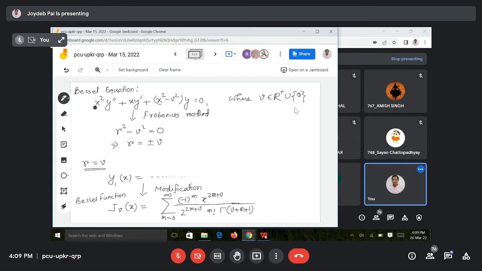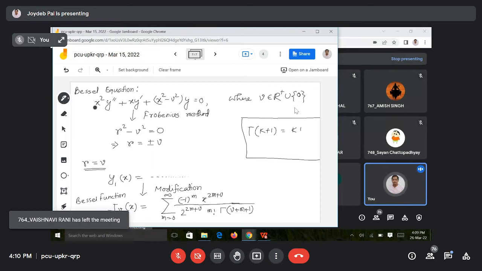So we cannot write it as nu plus m factorial. Look, normally what is the formula for gamma? Gamma of k plus 1, if k is any integer, we can write as factorial k, or gamma of k is equal to k minus 1 factorial. Is it not? Yes, sir.